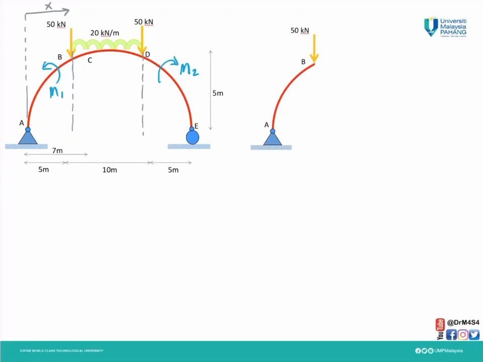In between 0 up to this point is M1, and between E to this point is M2. And then don't forget, between A up to this point is for moment 3.